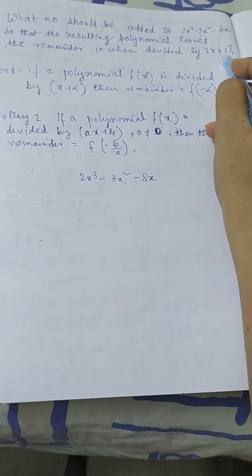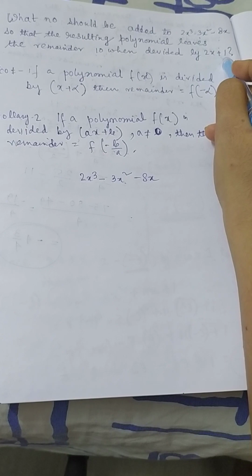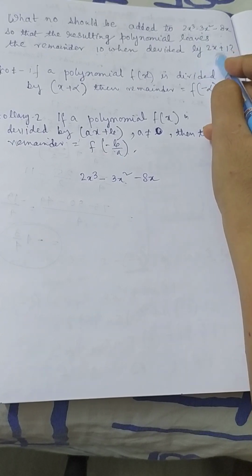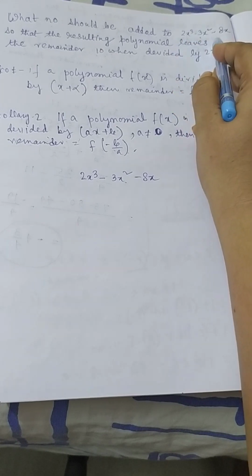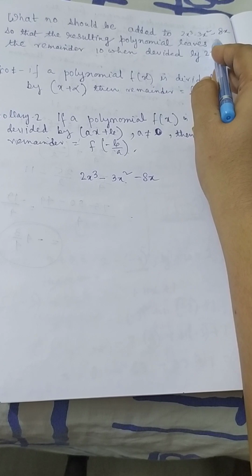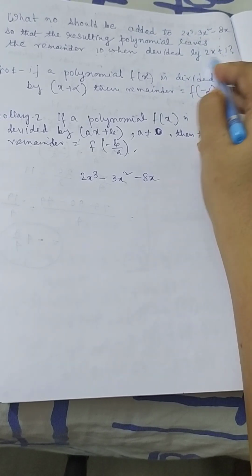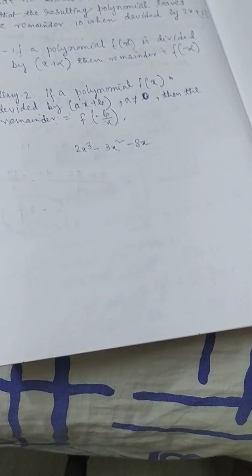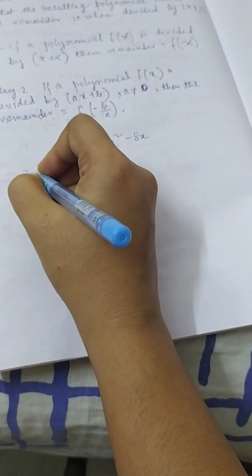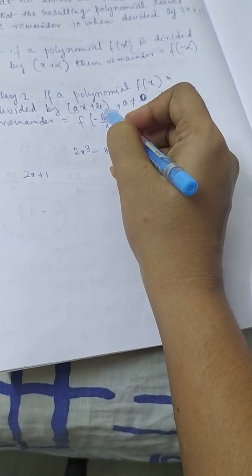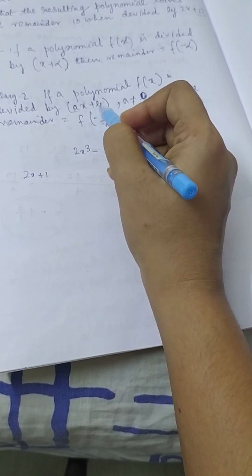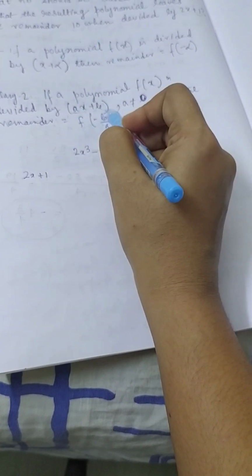If I compare this with corollary 2, where it is divided by ax plus b, right?